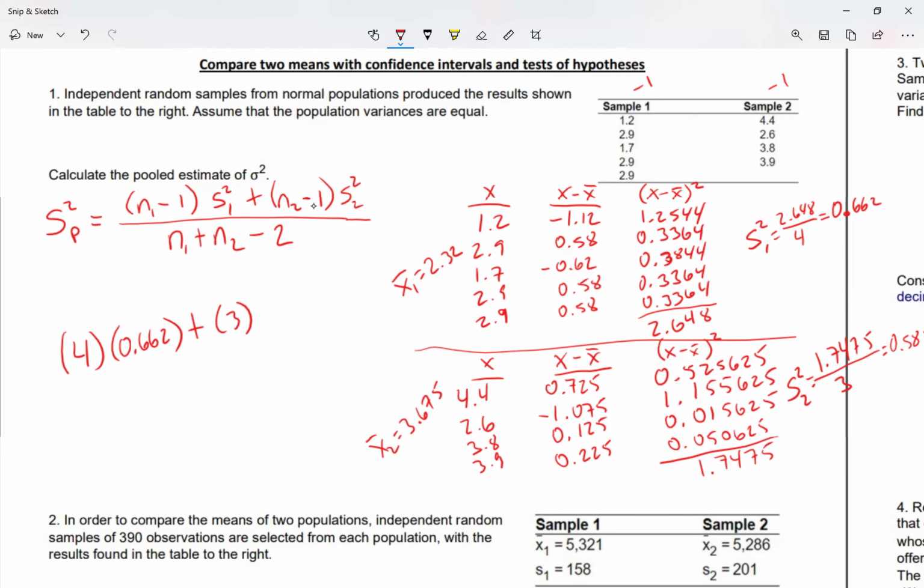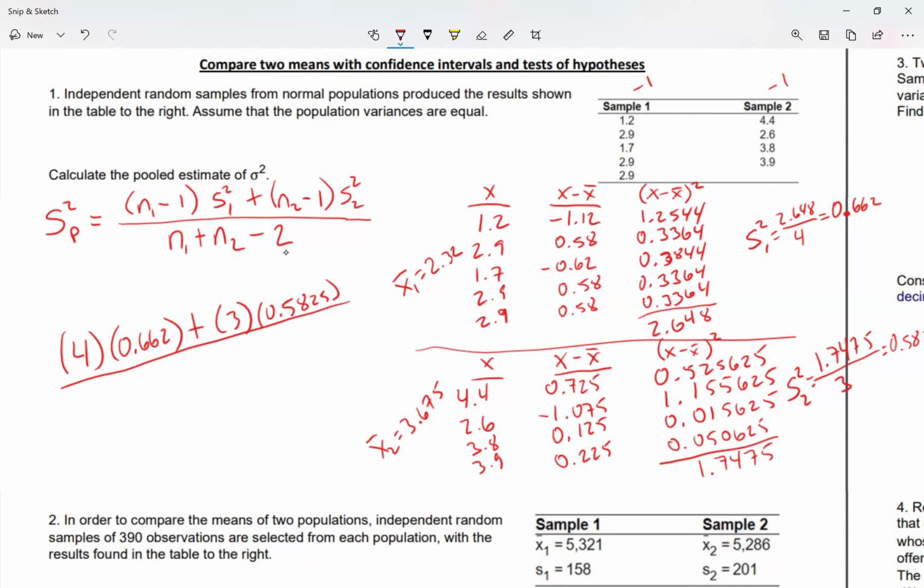The variance of sample 2 was 0.5825. And I'm gonna divide this all by my degrees of freedom.